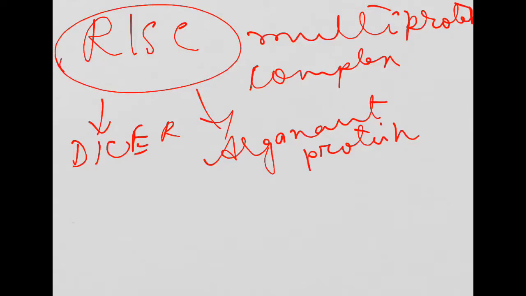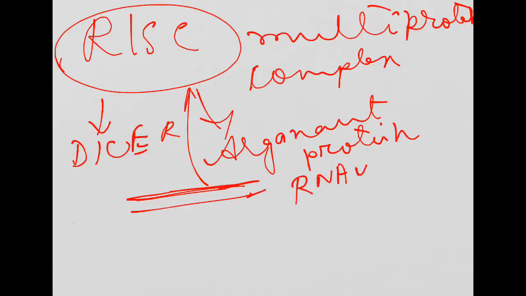Then this double-stranded RNA that will be formed by processing with DICER will also bind to this RISC protein, and together they form the RISC protein family, that is RNA-induced silencing complex.